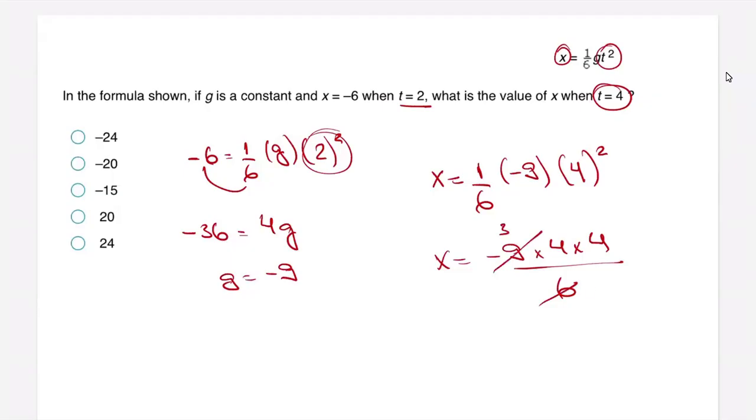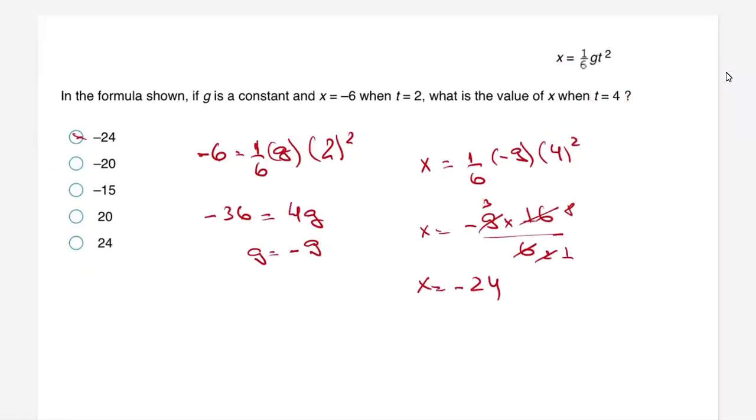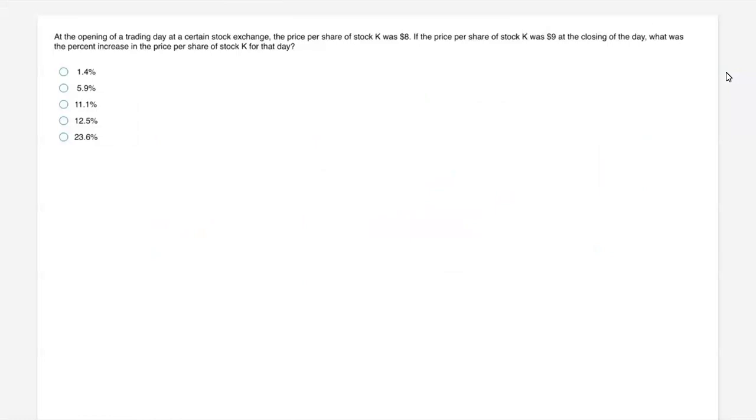This is 3, this is 2. This is 2. 3 times 2, 6. 6 times 4, 24, minus 24. Is that okay? Easy? Only easy questions today again. 25 easy questions today.